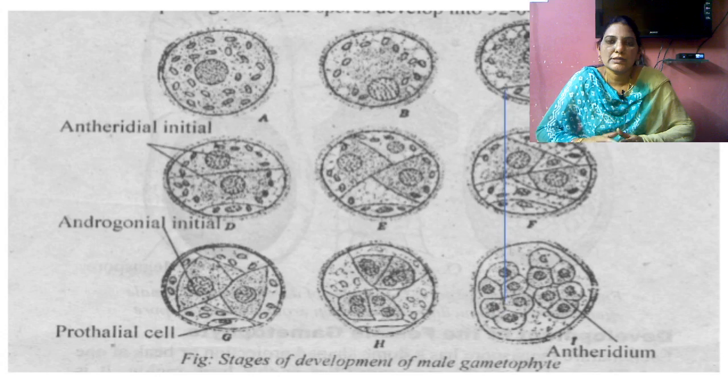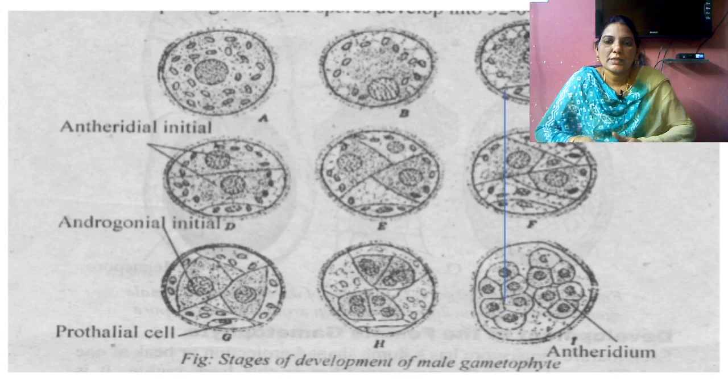So here the 16 androgonial mother cells are separated in 2 rows, and each androgonial mother cell divides into many androspores, and they form androspores. The androspores are in a spiral-shaped structure, and they have many flagella.